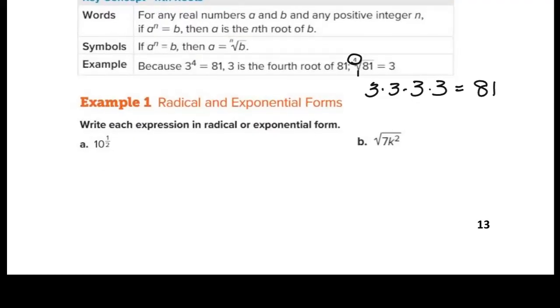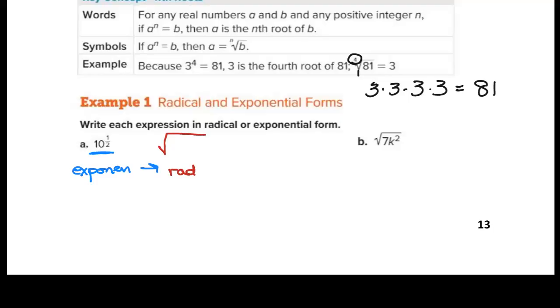Let's go to example 1A. So is this in radical form or exponential form first? 10 to the 1/2 power. Is that radical form or exponential? Aiden. Radical or exponential? Yeah, because there's an exponent there. So this is exponential form. We need to change it to radical form.